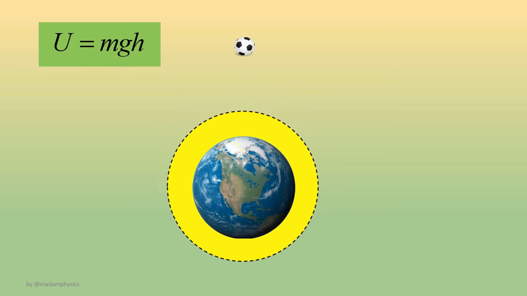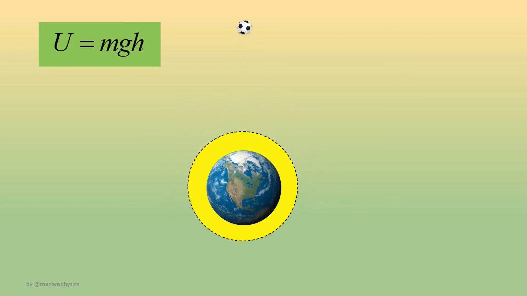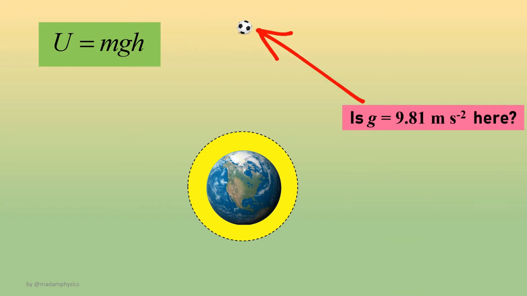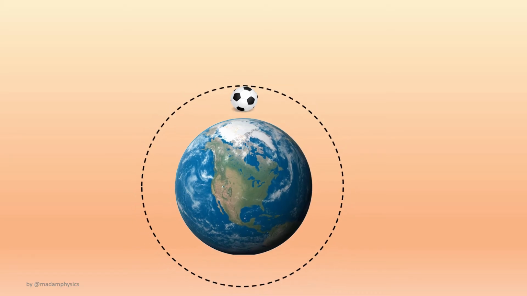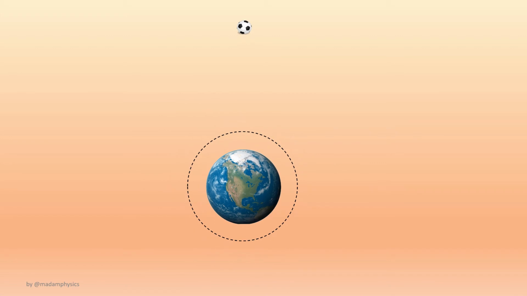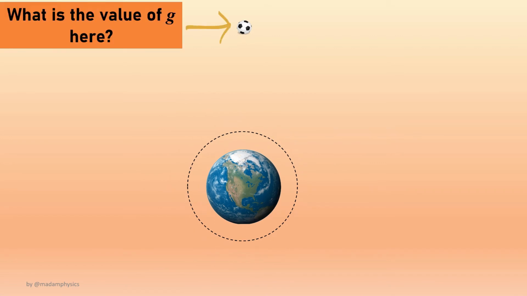What if the ball is brought far away from the surface of the Earth? Is the formula of U equals to mgh still valid for that position? If your answer is yes, are you really sure that at this position, the g is also 9.81? Well, to know the answer, first we need to check the value of g at that position. We know that g is 9.81 near the surface of the Earth.